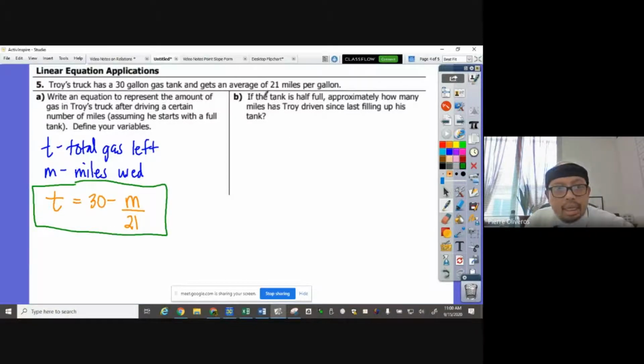Letter B: if the tank is half full, approximately how many miles has Troy driven since last filling up his tank? I'm going to leave this to you, but let me help you. What is half full? Half full is 15, because the full tank of 30 gallons divided by 2 is 15, which is equal to 30 minus M over 21.